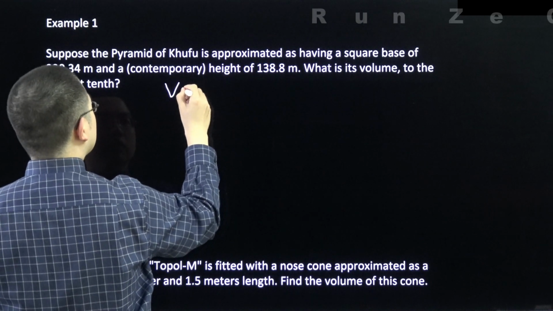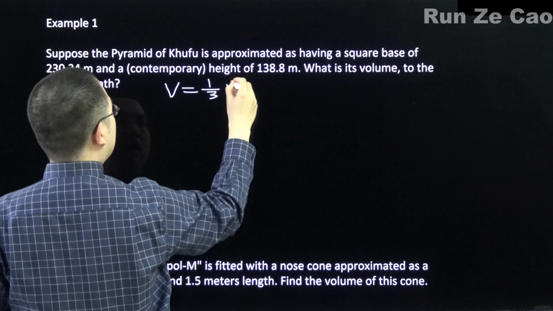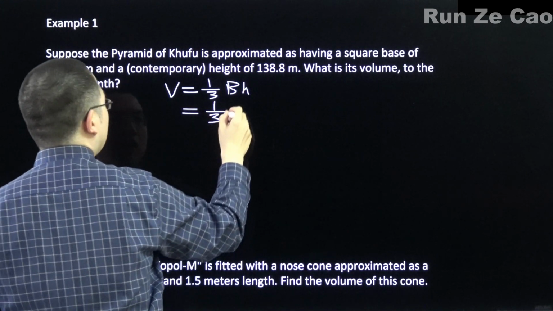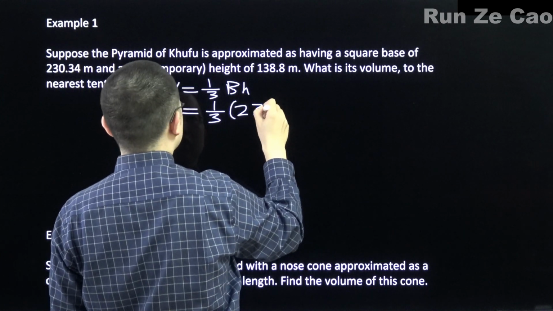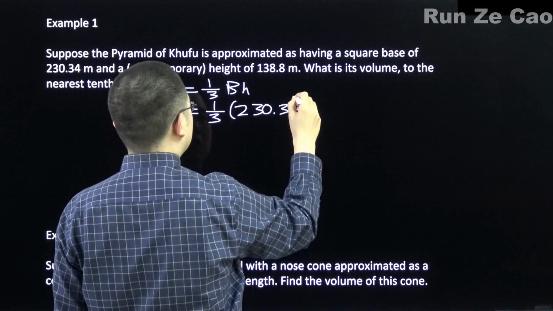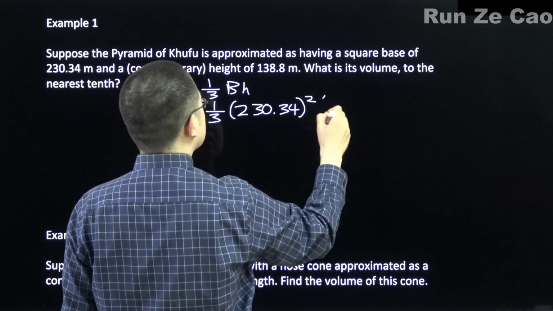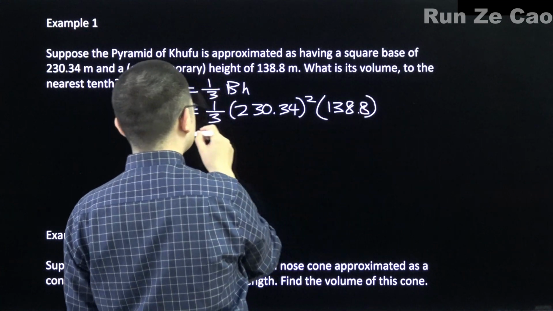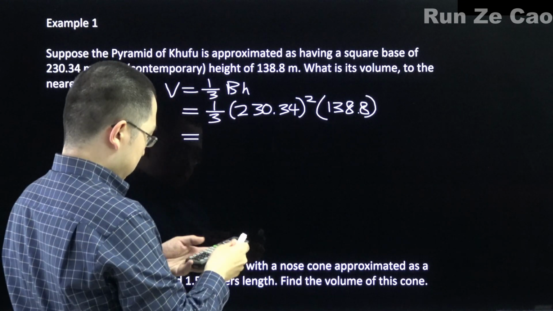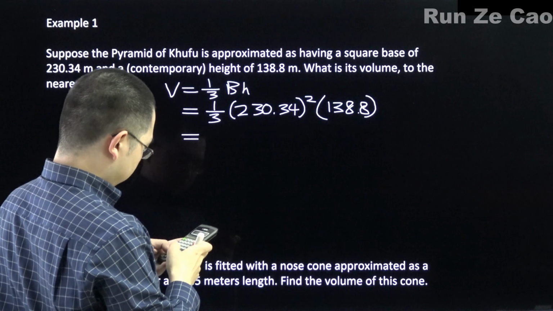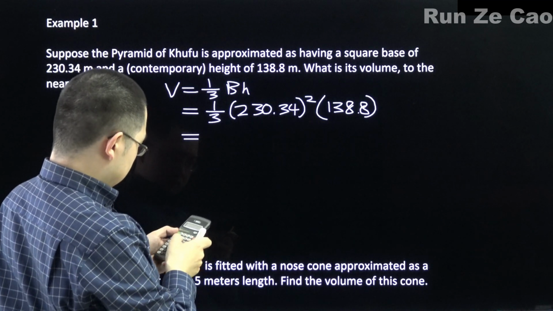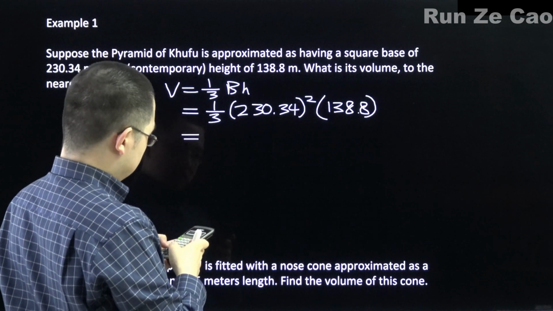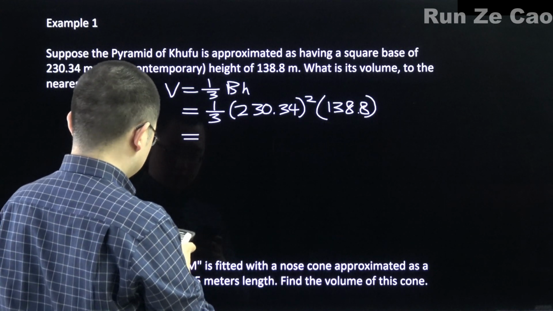So volume is equal to 1/3 base times height, which means 1/3 of 230.34 squared times height of 138.8 meters. 230.34 squared times 138.8 divided by 3.